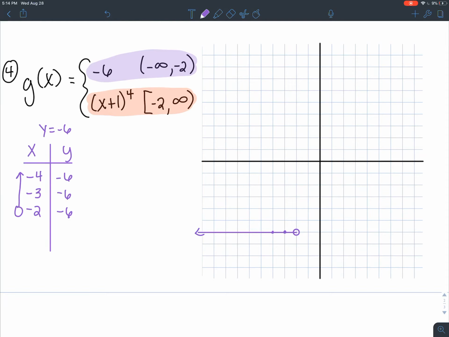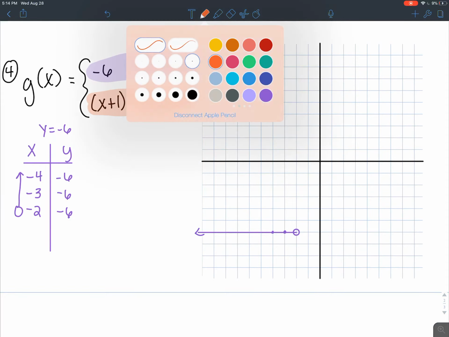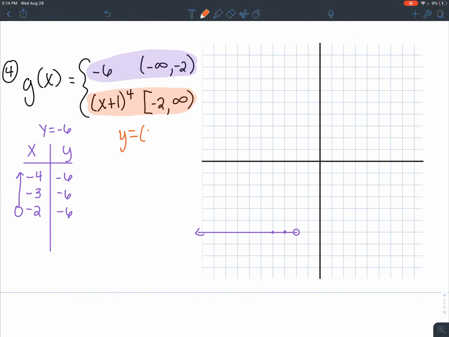Okay. All right. Now the orange line is y equals (x plus 1) to the 4th. And I am going from negative 2, and I'm going to get bigger. Negative 2, negative 1, 0, 1. All right, so negative 2 plus 1 is negative 1 to the 4th power.